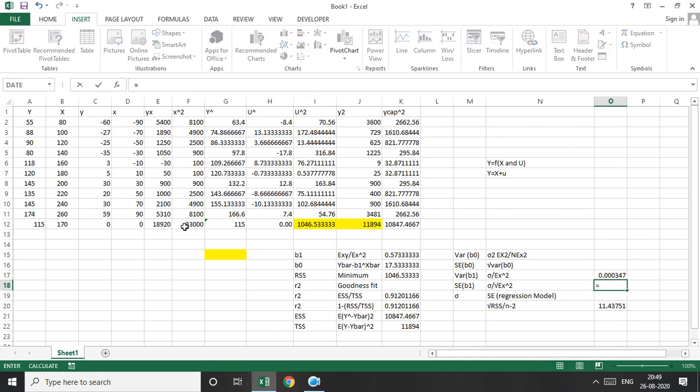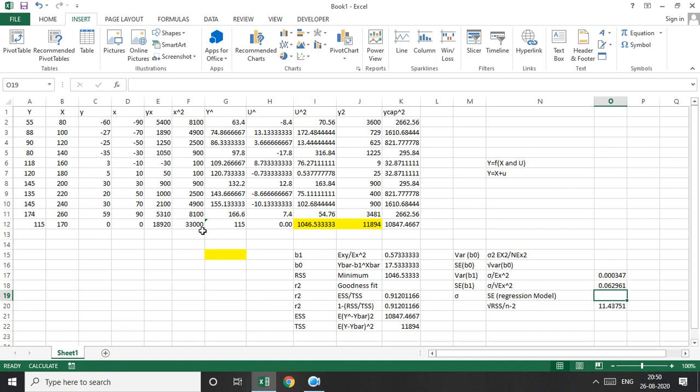Then what is the standard error? It is the square root of the variance, which is 0.062961.